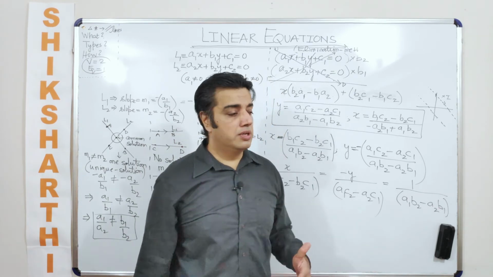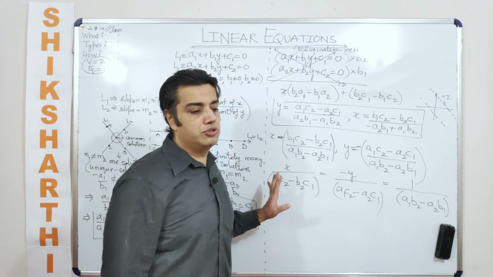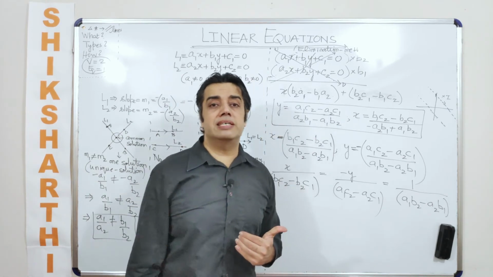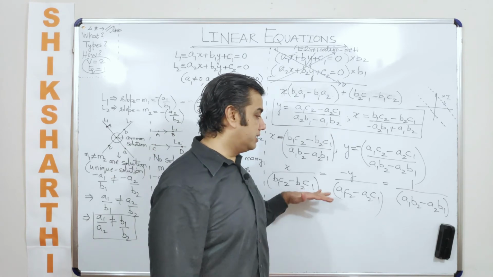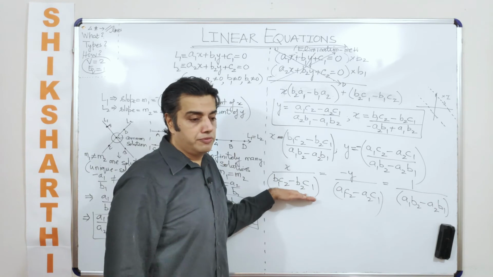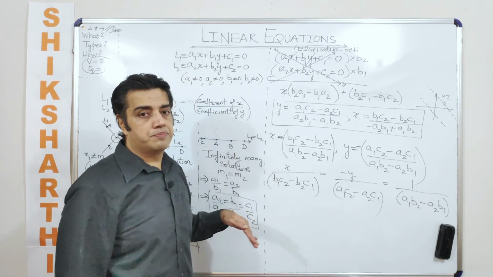This is how you substitute. But this by far, I would say, is a superlative method and it really helps you. Further on in higher maths, we will be discussing matrices and determinants from here itself. So this becomes a stepping stone for determinants and matrices when we talk about Cramer's rule.